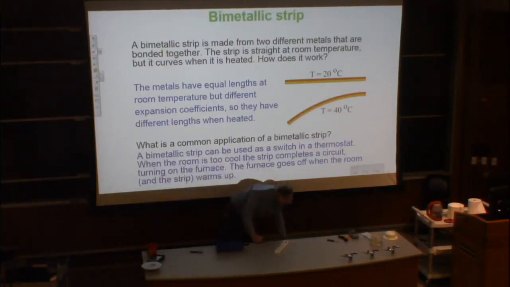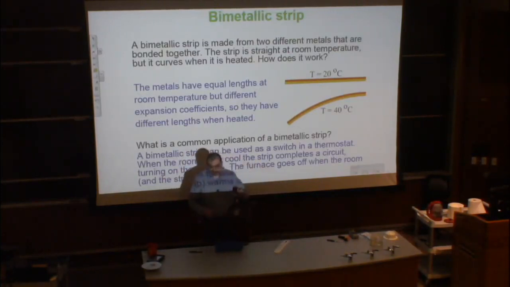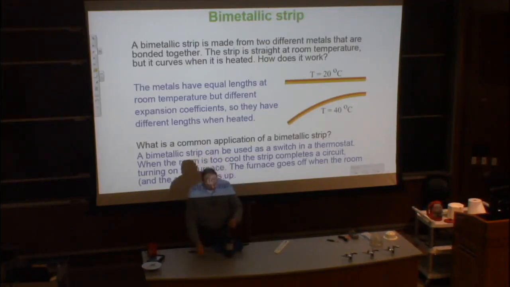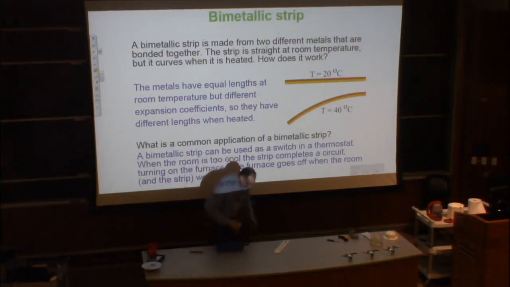They both should get longer, but differently, because they have different coefficients. In that case, what we see is the amount of bending depends on the temperature increase, and that's how the first thermostat used to work. If it's getting hotter and hotter, it bends more and more, and you can attach it to a scale and read the temperature.